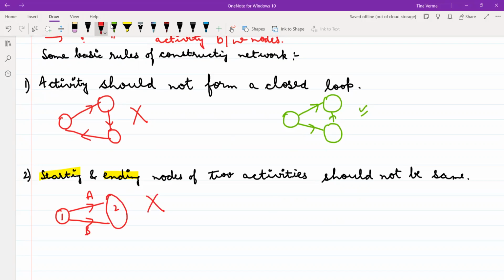How can you overcome this issue? If you have a situation like this, A can start from here, B can start from here, and you can create a dummy either in this direction or this direction, so that you have to see in which direction you have to create it, right?